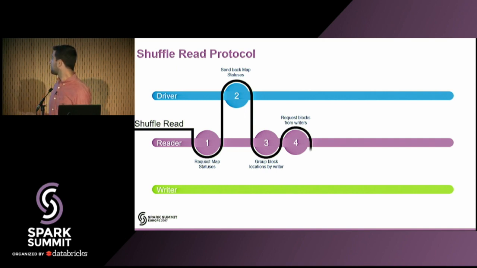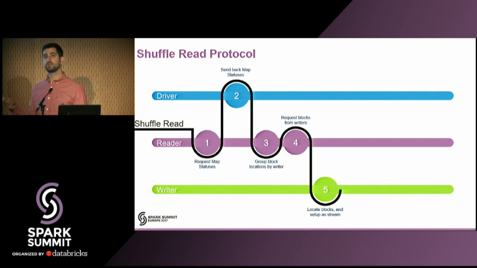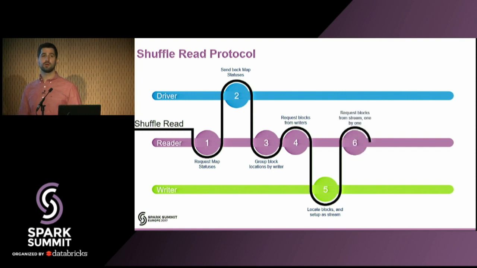Now, the next step will be for the writer to locate the blocks, set up a stream, and send back the stream ID. Now, the reader has a stream ID for each executor that it sent the fetch block request to, and it's now ready to fetch each specific block one by one.